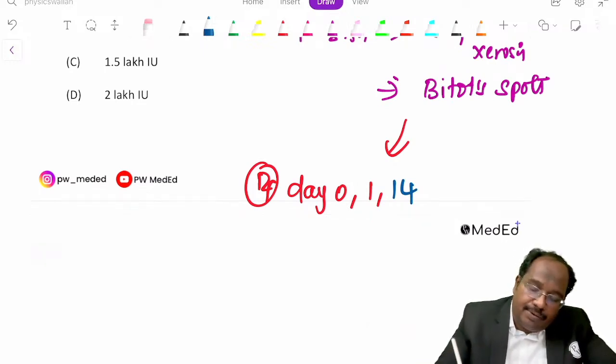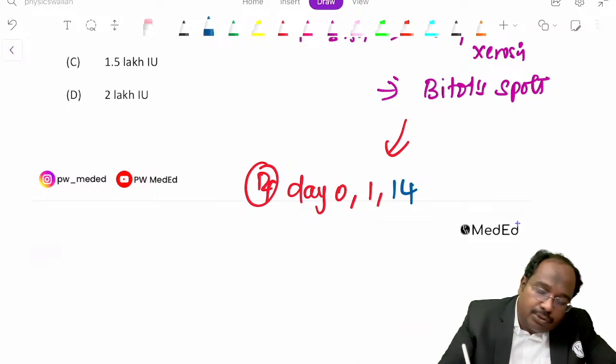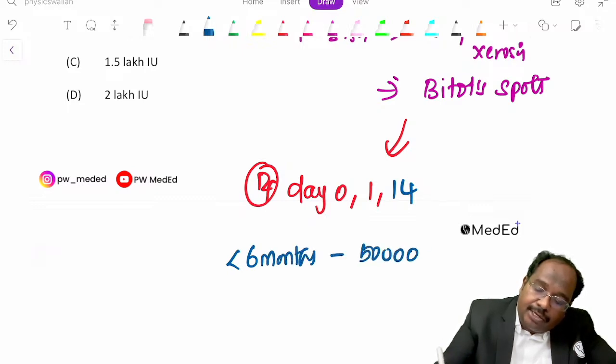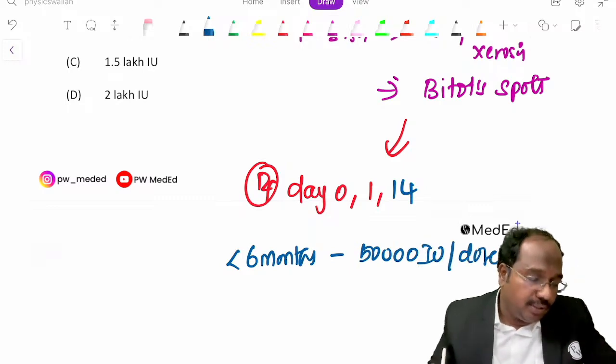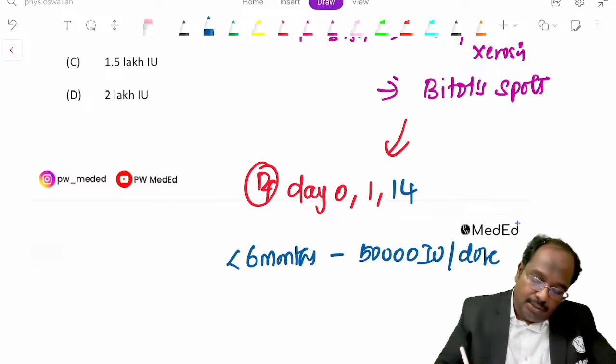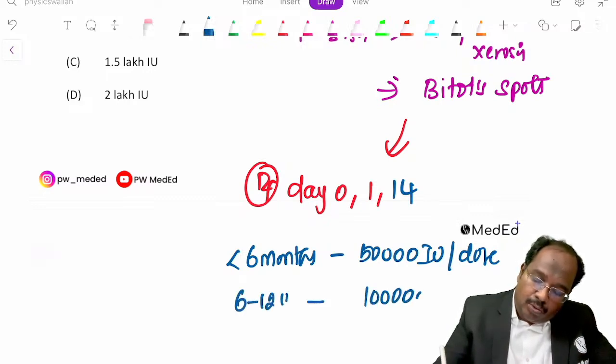Less than 6 months, you provide 50,000 international units per dose. 6 to 12 months, 1 lakh international units per dose.